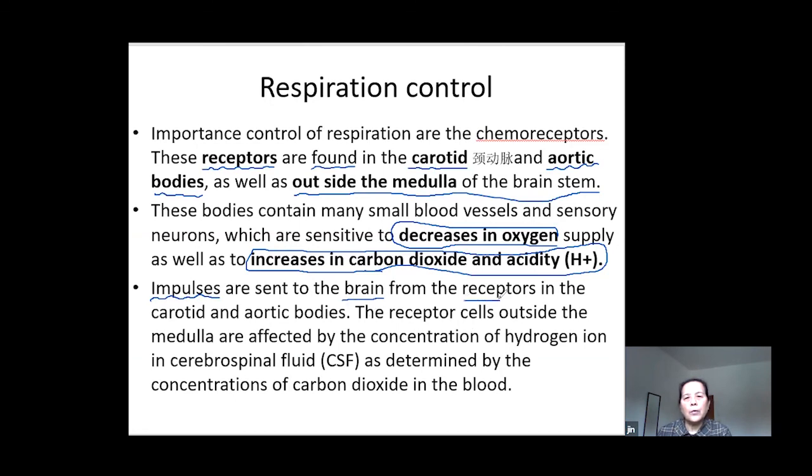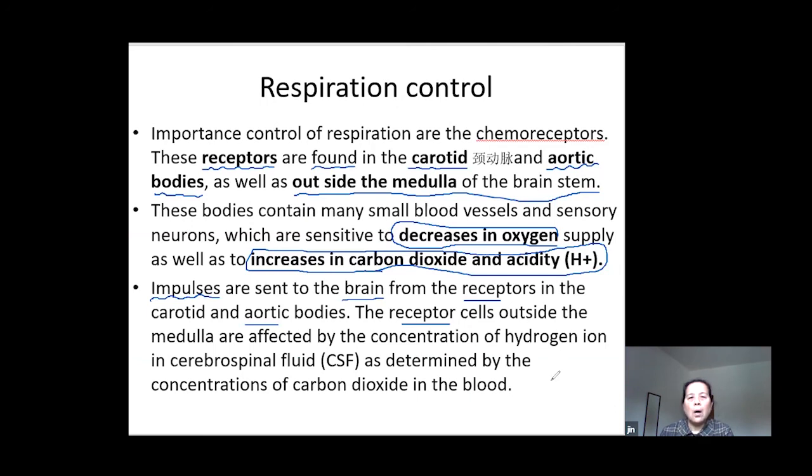We have different receptors there, which we talked about already. And then they send to the control center. From the control center, impulses come back to the lung and the muscles, helping to take in more oxygen and release more carbon dioxide. So that's basically our control.